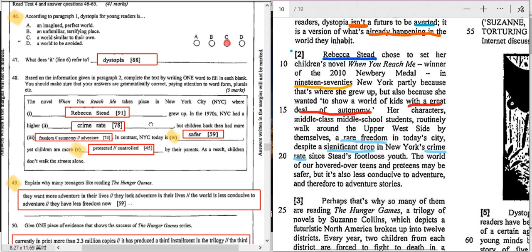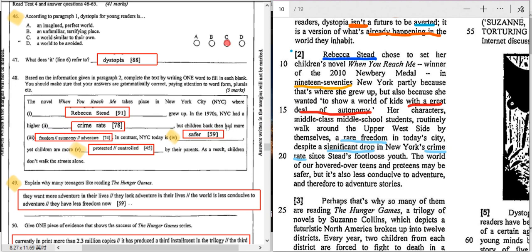And so when you go back to the blank with that understanding, you will see that in 1970s, the red, NYC had a higher crime rate, because right now the crime rate is much lower. There is a significant drop right now. So the opposite in the older days, a higher crime rate.